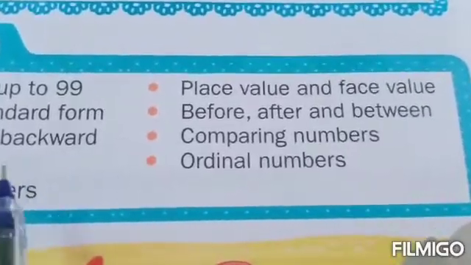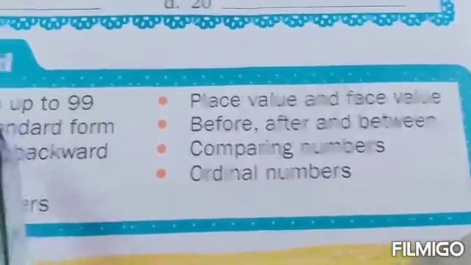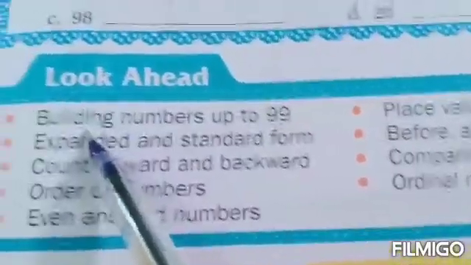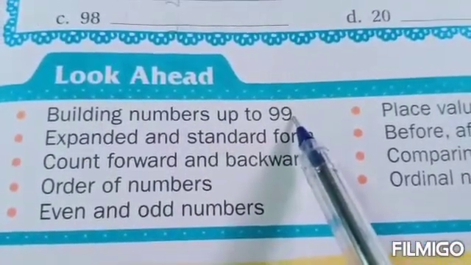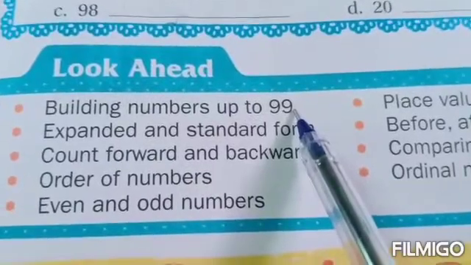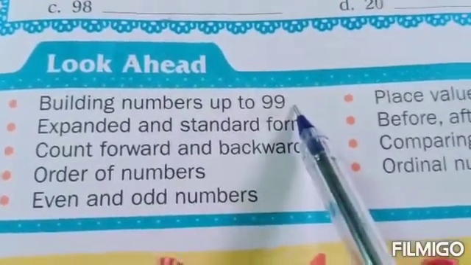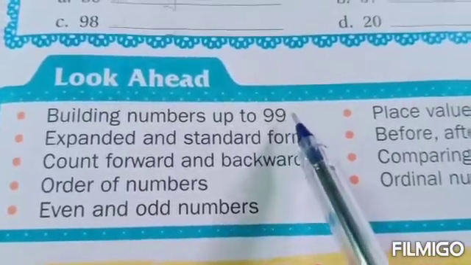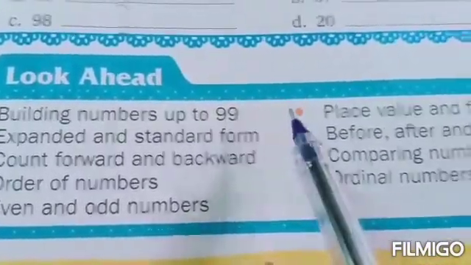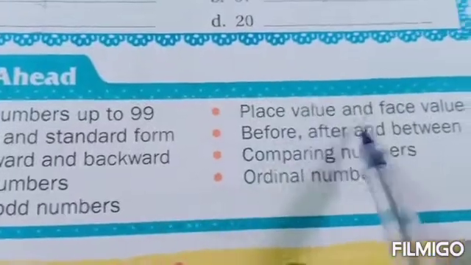So here are the topics of the first part video, that is building numbers up to 99. In our first video we have learned numbers 1 to 100, number names of 1 to 100, and tens and ones. Next was place value and face value.